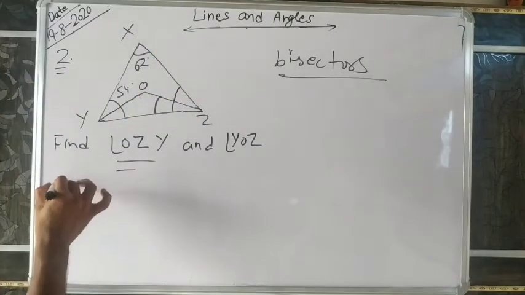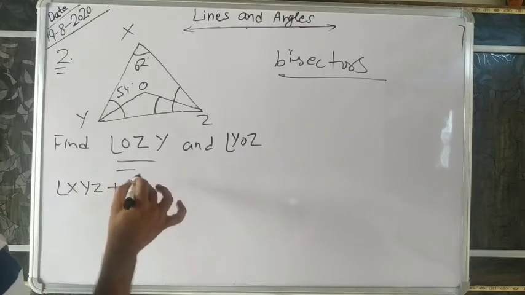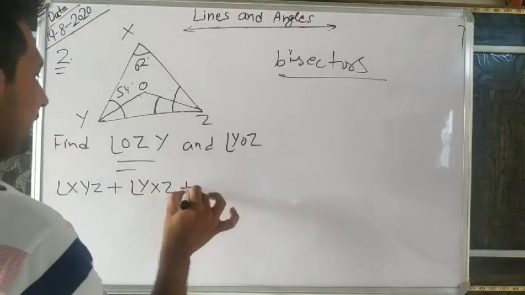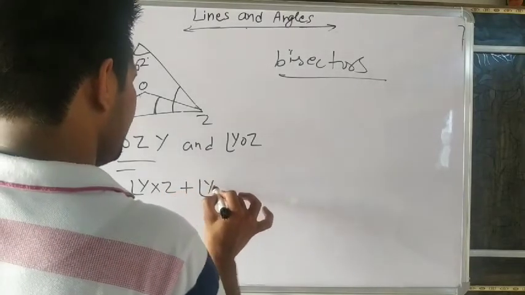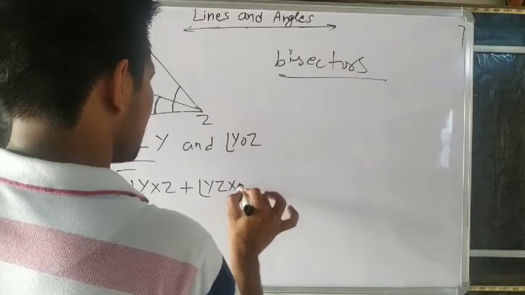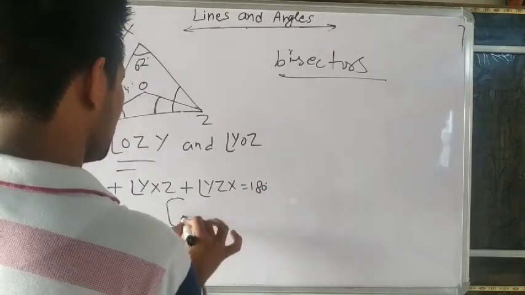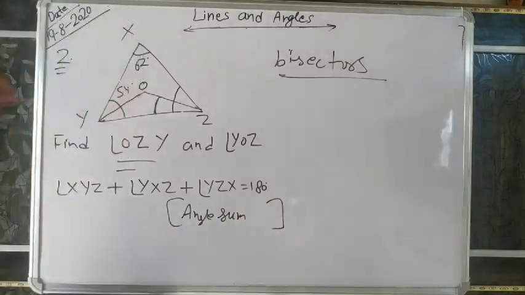So we write angle XYZ plus angle YXZ plus angle YZX equal to 180 degrees. The reason you will write yourself: angle sum property.